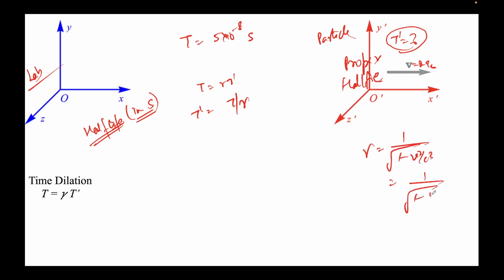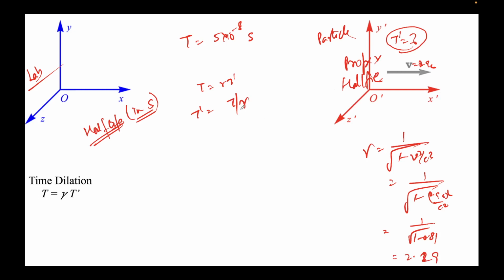The value of v is 0.9c, so this will be 1 minus 0.81, which is 0.19. So this will be 1 over root 0.19, which comes out to around 2.29, rounding off.